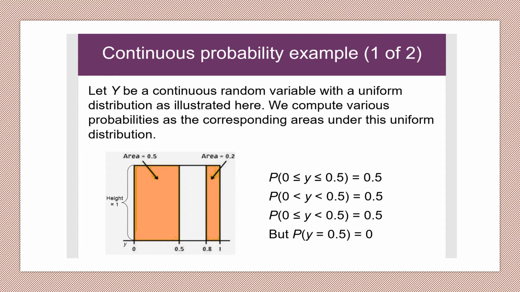The probability for y equals 0 or y equals 0.5 is going to be 0. So it is immaterial whether you use a less than or equal to sign, or strictly less than sign, or greater than or equal to, strictly greater than. It is not going to affect the result.